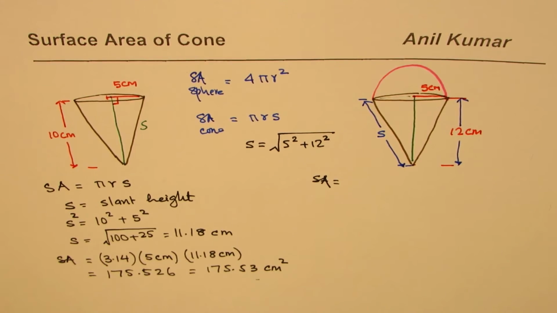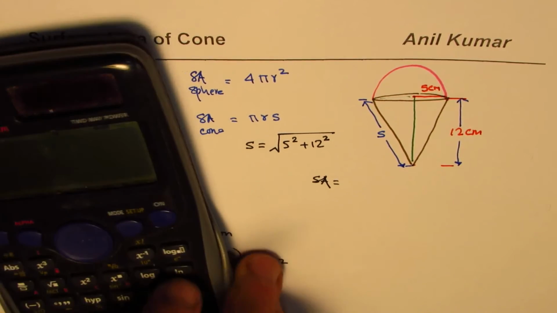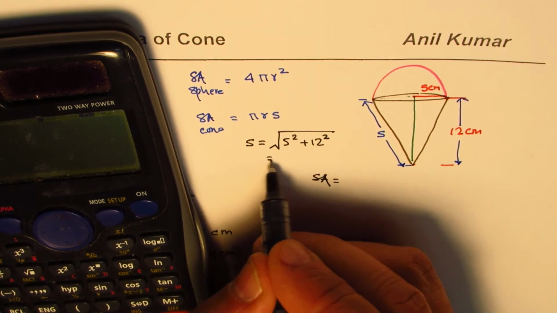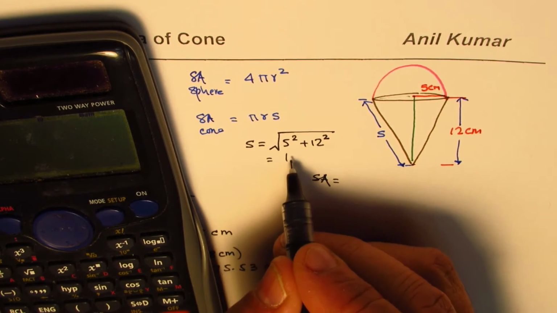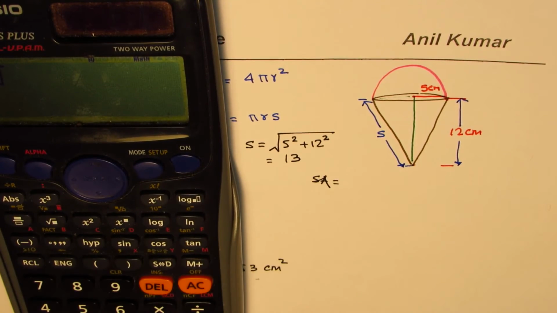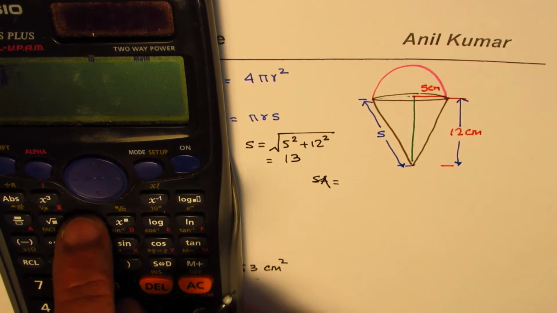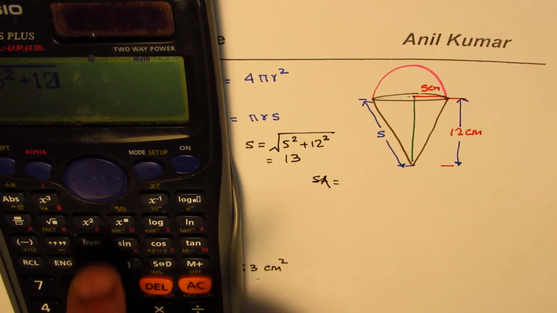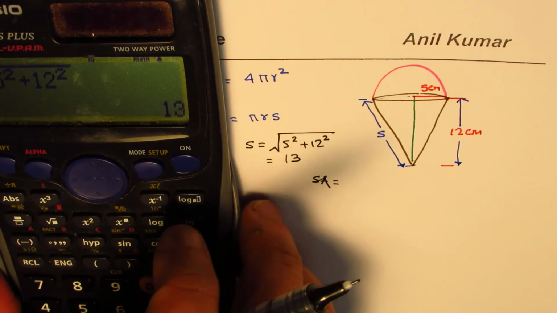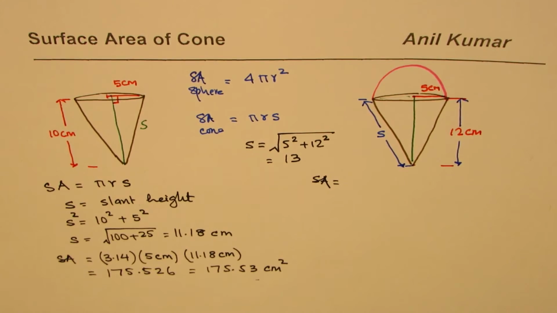We can use the calculator: 144 and 25 gives you 169, which is 13. This is kind of standard. The square root of 5 squared plus 12 squared is equal to 13. This is a very special triangle.